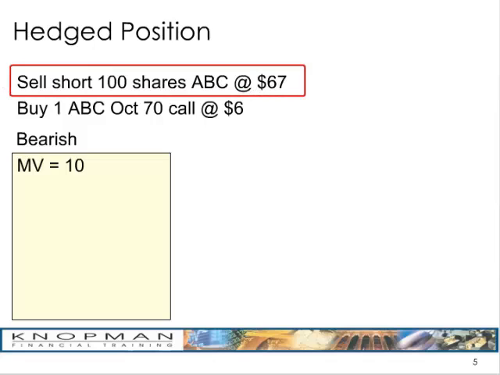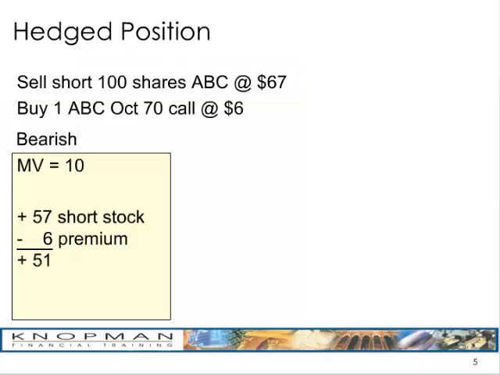On the call option, we have the right to buy the stock for 70. Do you want to buy the stock for 70 if it's only worth $10? Definitely not. So the option expires. The option expired, but don't forget we still paid our $6 premium for the option. So overall, we made $51 a share.